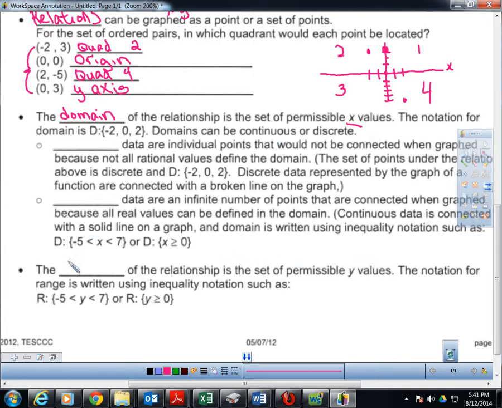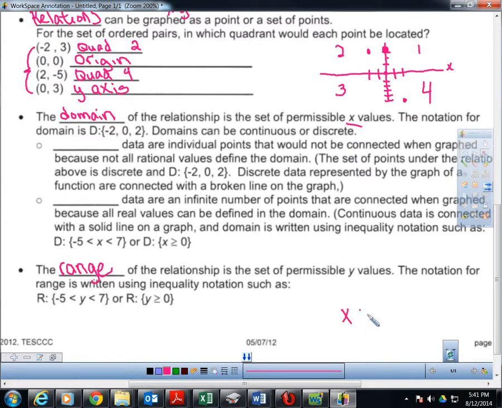Okay, we're going to skip this stuff in the middle and come back to it. Domain is x. Well, that means that our range is our y. Okay, range equals y. And we'll go further into detail about what that means, but I just want you getting those words in your head right now that you already know what they mean. Domain is x, range is y. Okay? The way I remember that is x comes first in the alphabet, right?